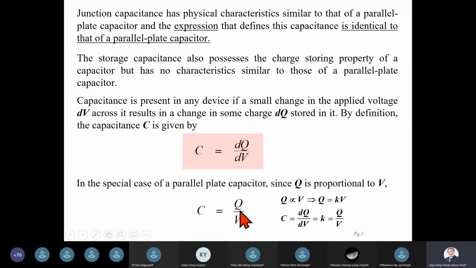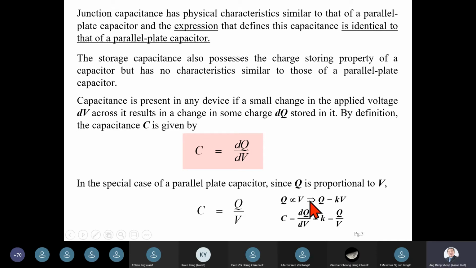Now, in the special case of a parallel plate capacitor, Q is proportional to V. If you do not understand this or you have forgotten this, we saw the equation that relates Q to V earlier. You can refer back to the deck of slides on the capacitor 101, and you will see that in the parallel plate capacitor, the amount of charge stored on the plate is actually proportional to the voltage applied.